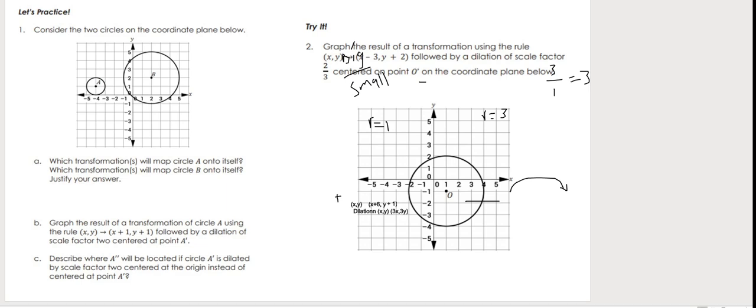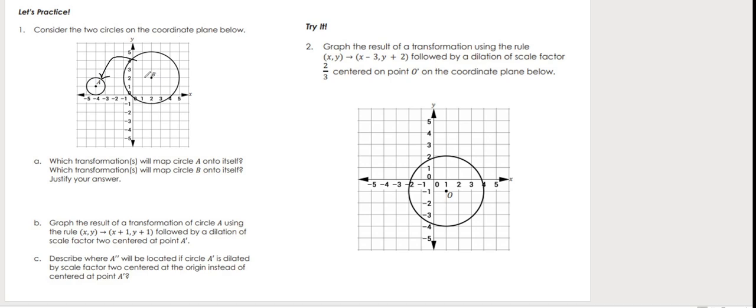And the next one on this page is what will map, if we're going in the different direction, from B to A. Notice it's getting smaller. So in this case, again, I need to do my center.